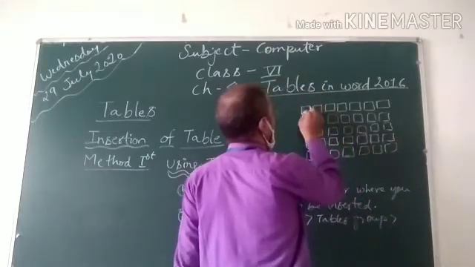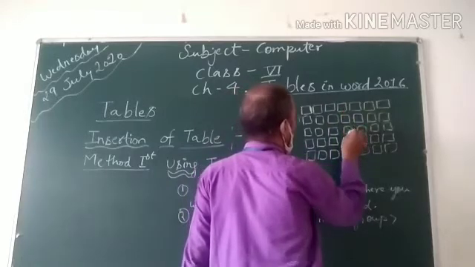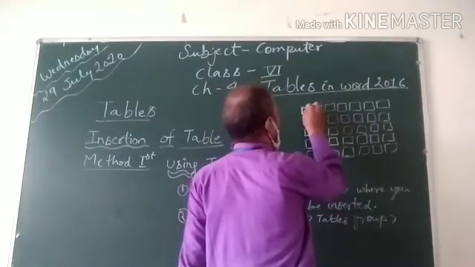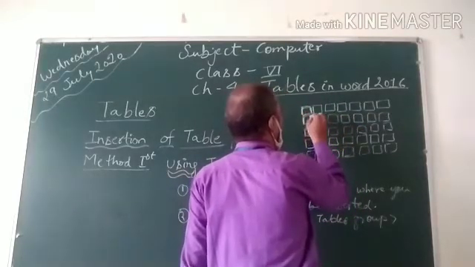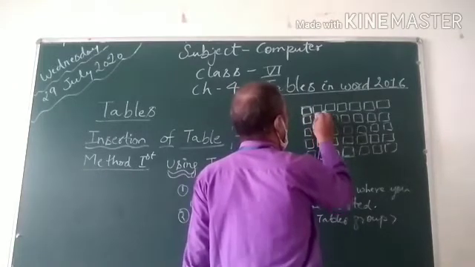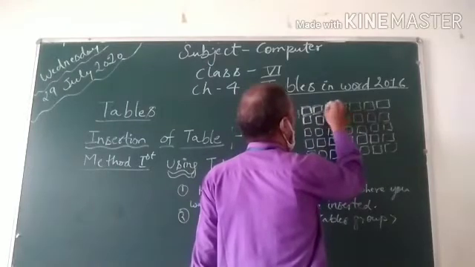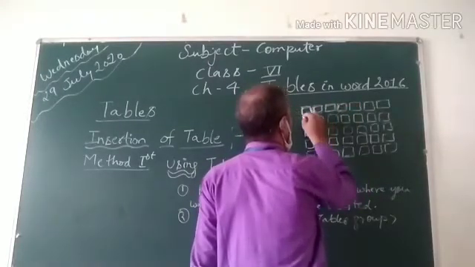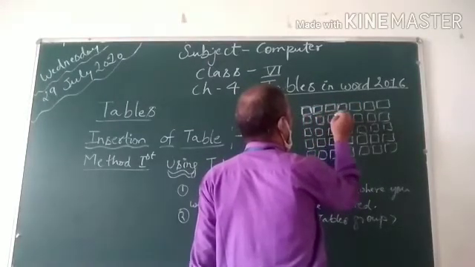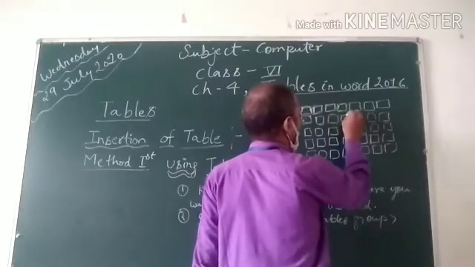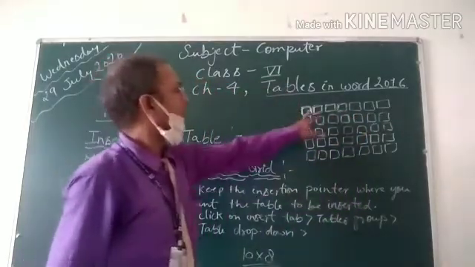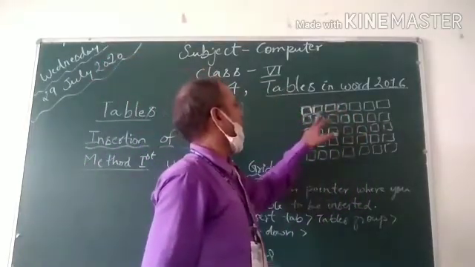Suppose I choose this particular part, then these cells automatically show in a red color. I choose these 8 cells.